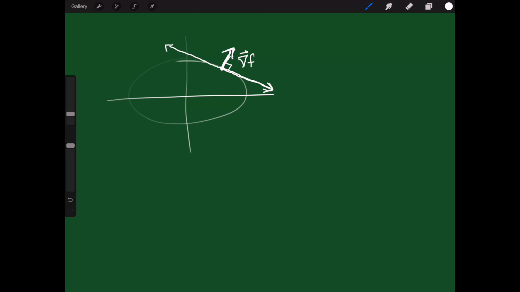So we can use a nice little formula to find an equation to a tangent. So here's a nice little formula that might be nice to know.